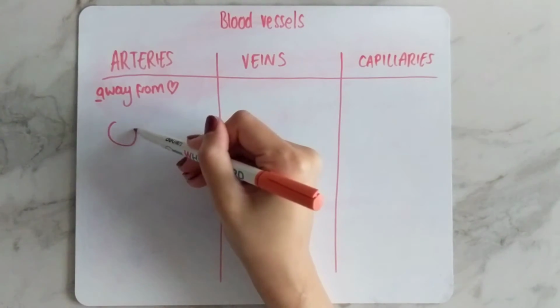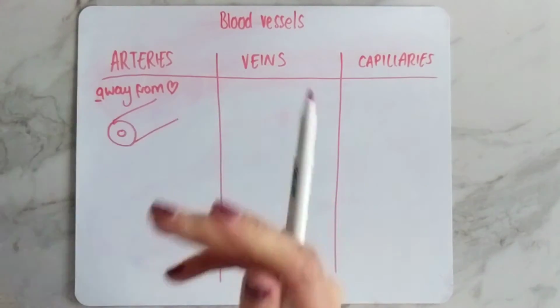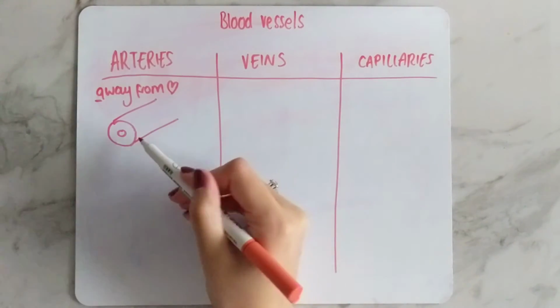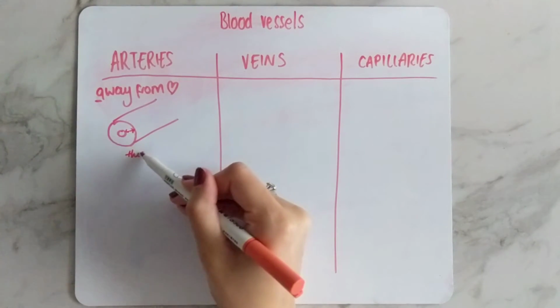In terms of what it looks like, it's a tube like that, and you've got a thick wall.